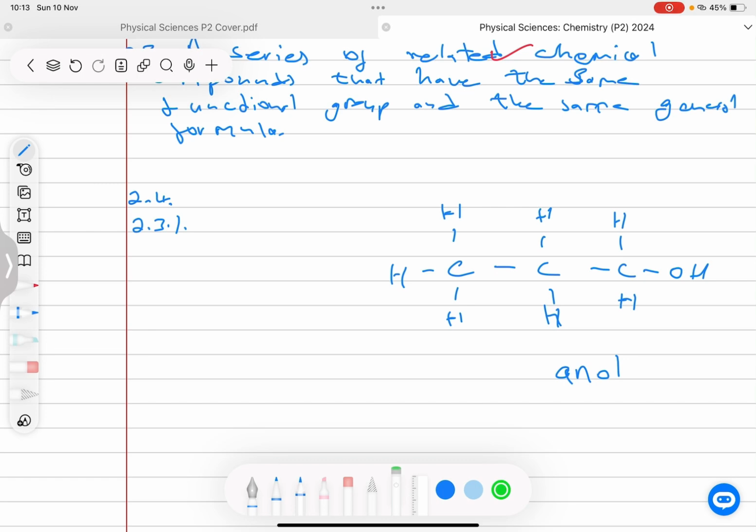This means this is a prop, right? Because we know that our prefix prop means 3, right? So our prefix comes in front of this anol. Our prefix here will be prop. Then our base name now will be propanol, right? That is our base name. We call this the base name of this organic compound, right?